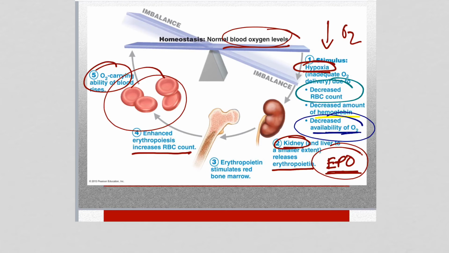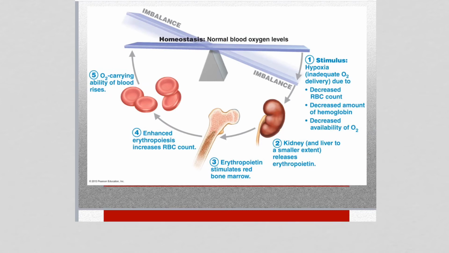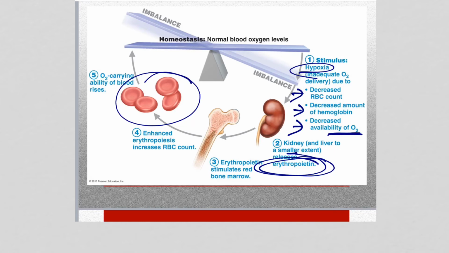So whatever the cause is, what determines the release of EPO by the kidneys is hypoxia. So it can be because there's not enough red blood cells, it can be because there's not enough hemoglobin, or it can be that just the availability of oxygen is poor. So the fix is to release more EPO and get more red blood cells into the bloodstream.